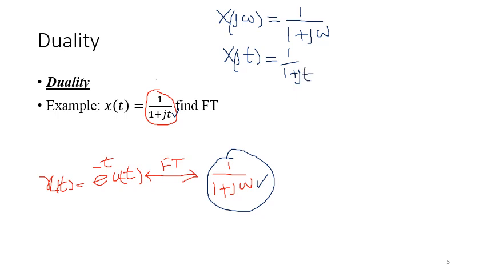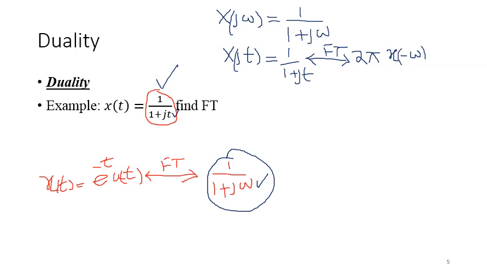So exactly what we have. Its Fourier transform is quite straightforward, and it is equal to 2 pi scaling and x of minus omega, is it?